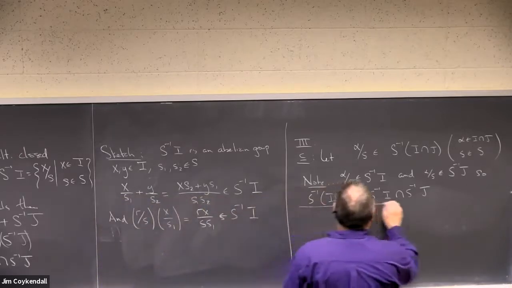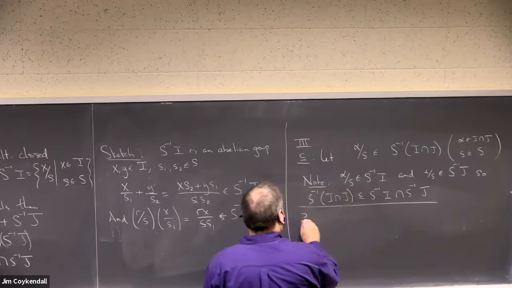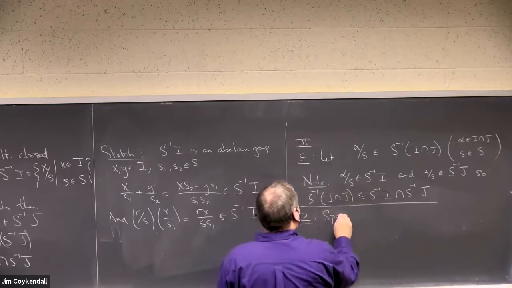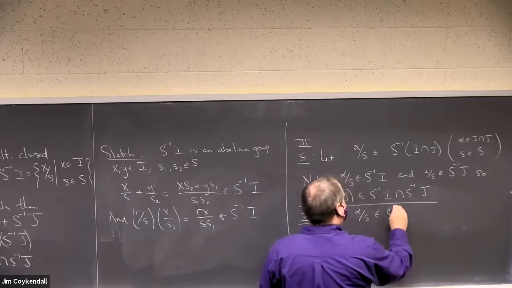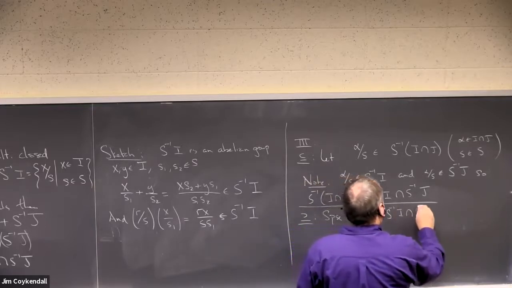The other containment: alpha over s is in S inverse I intersect S inverse J.